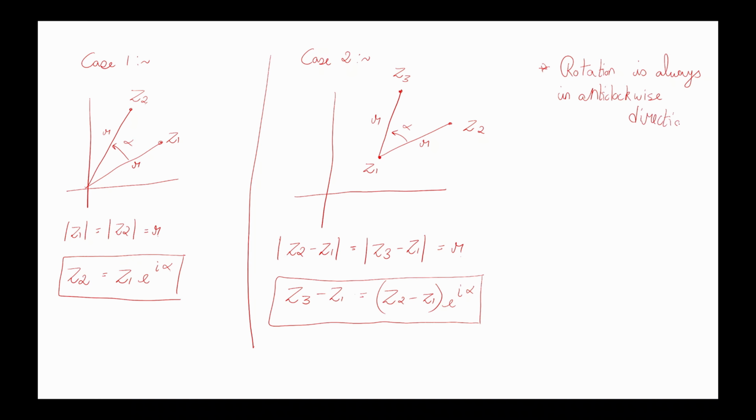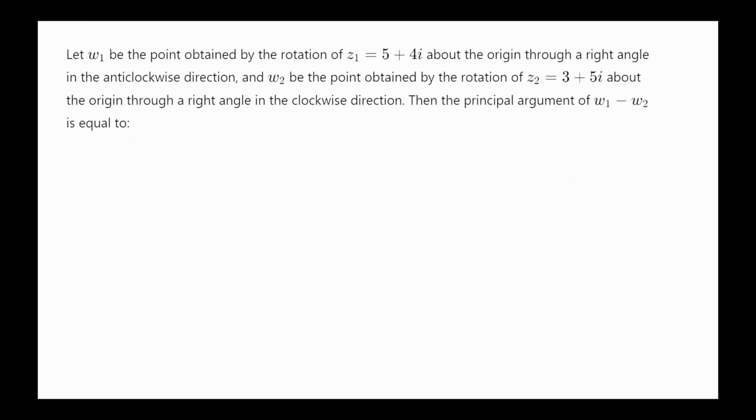If my direction of rotation is clockwise, then my alpha would simply be taken as negative. So I would have to use the formula z2 equals z1 e to the power iota minus alpha. So keep this in mind. Rotation should always be in the anti-clockwise direction.